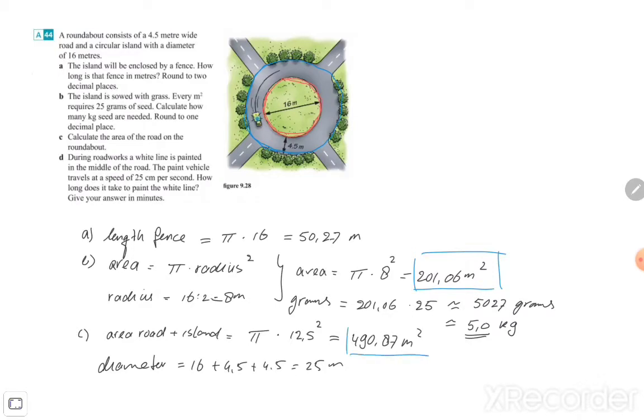So that's the area of the road inclusive of the island. Now, if we subtract those two, then we have the area of the road.